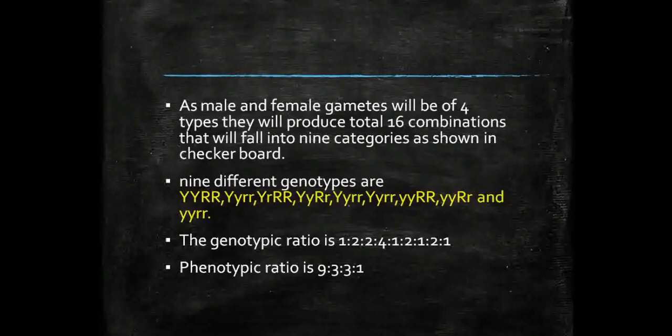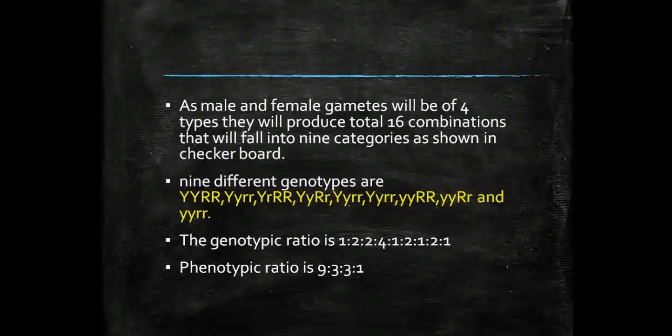Male and female gametes will be of 4 types. As we have seen, the 4 types of gametes will produce a total of 16 combinations in the F2 generation, and these will fall into the 9 categories as shown in the checkerboard. As we have seen in the checkerboard, there are 16 combinations, but they will form 9 categories.